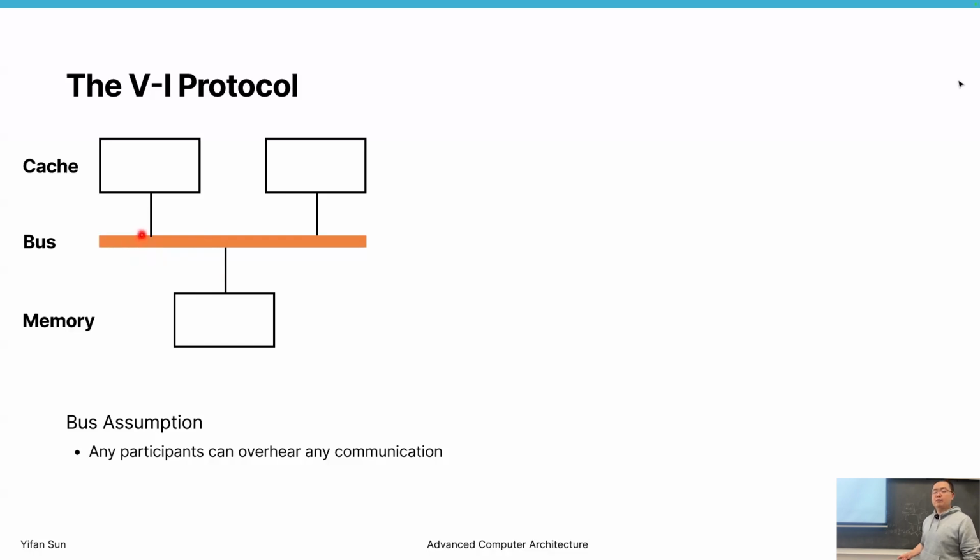When we want to broadcast something from this cache to the memory and to the other caches, a bus is very natural because everything connected to the bus can overhear. The message is not intended for this cache, but it can still monitor what's going on and get a global understanding.